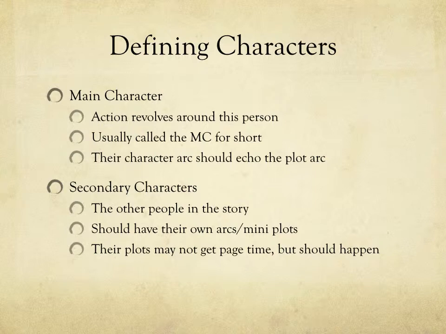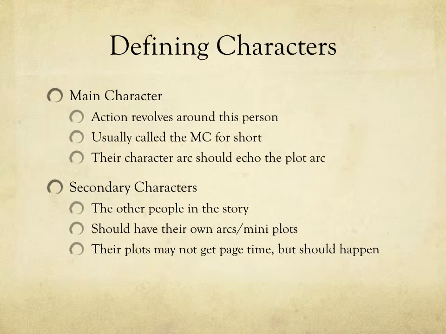They get the most screen time. We follow their journey the closest. You'll see this in writing books and such called the MC. And the thing about the main character is that their character arc should echo the plot arc. What does that mean? It means that when there's a rising action in the plot, a high stakes turning point, this should be your most important decision points for your character.